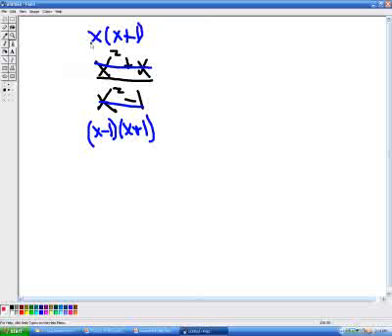The x is a factor, and the quantity x plus 1 is a factor. Quantity x minus 1 is a factor, and quantity x plus 1 is a factor. Factors are things that are being multiplied, and multiplication is what's happening in here between the parentheses. Whenever you have something in front of parentheses, it means you're multiplying.